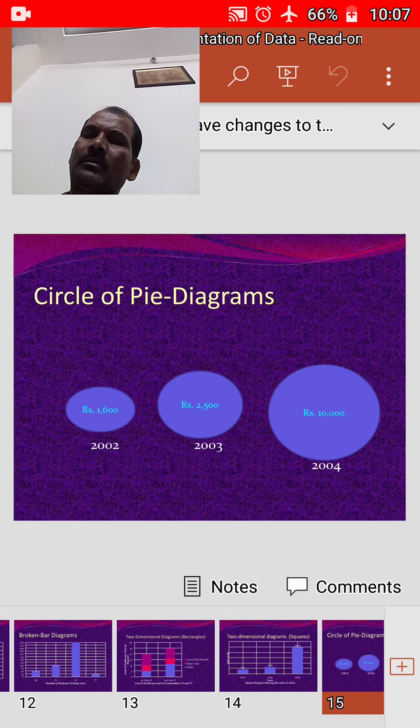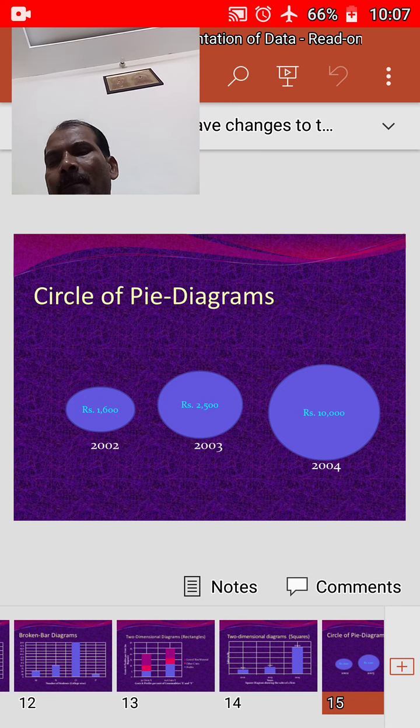If we take the diameter of the circle for 2002 as 0.23 as first, the second one will be 0.28 and 0.56 will be the bigger one, that is 2004.